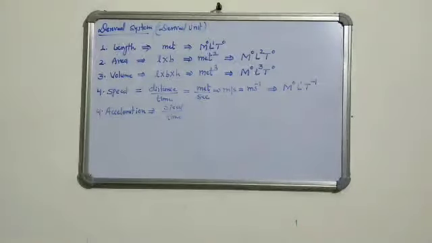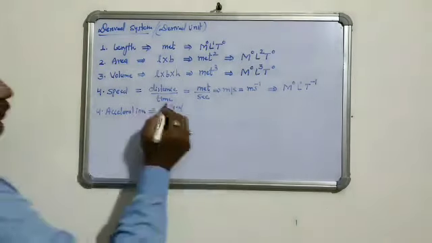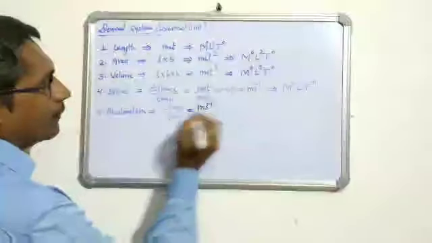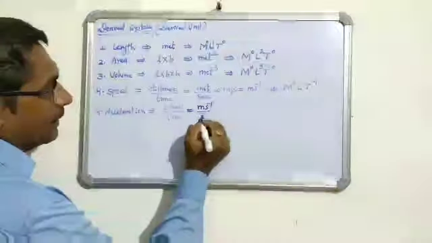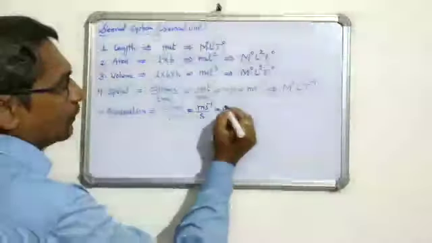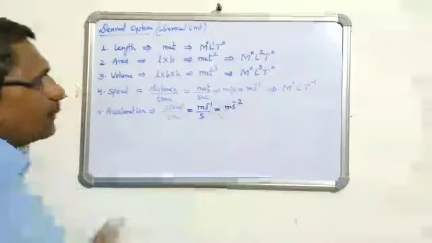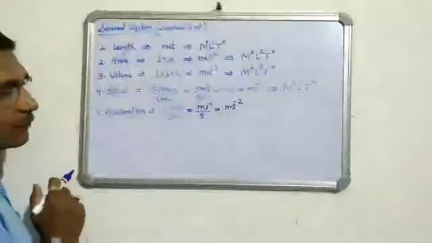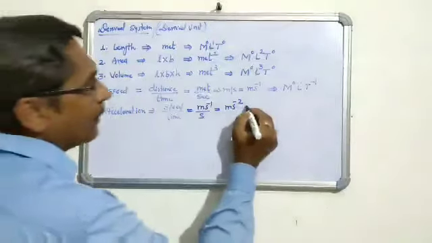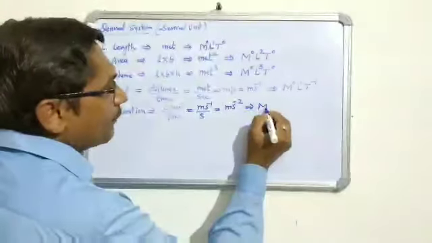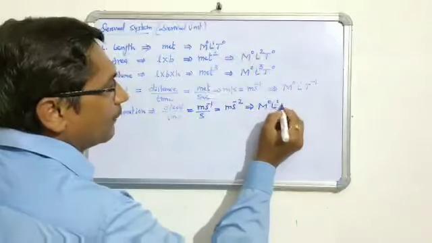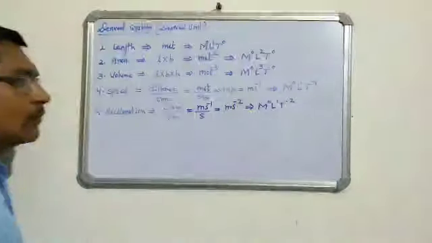The unit of speed is meter per second, and here is second. So meter per second square, because second goes to the upward direction, so it takes power -2. It is equal to the dimensional formula M0 L1 T-2.